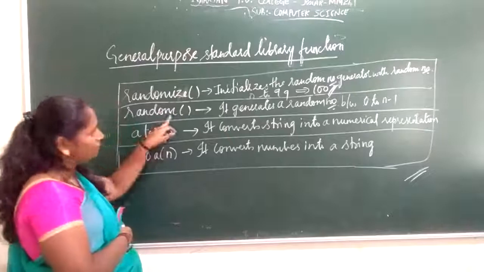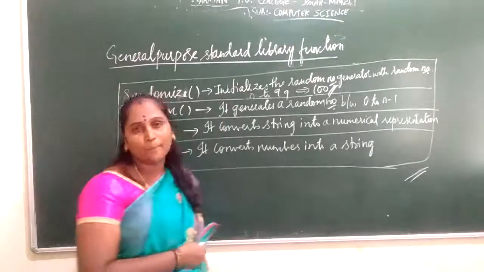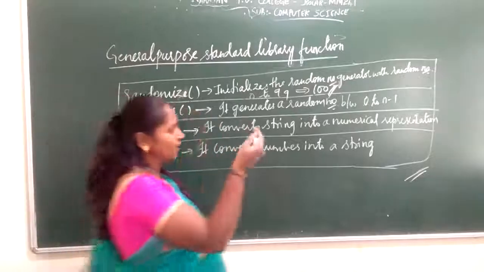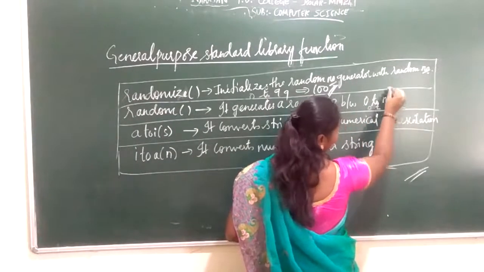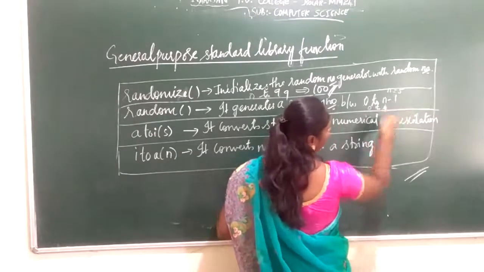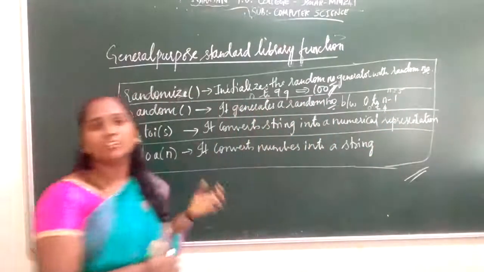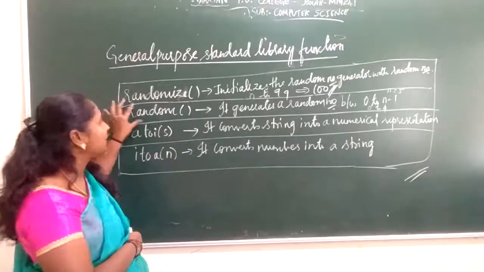Next, the random function. It generates a random number in the range 0 to n minus 1. Suppose n is 5, then n minus 1 is 4. Between 0 and 4, it generates a random number, and that is done by the function called random.